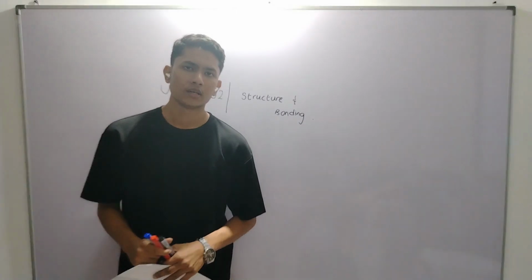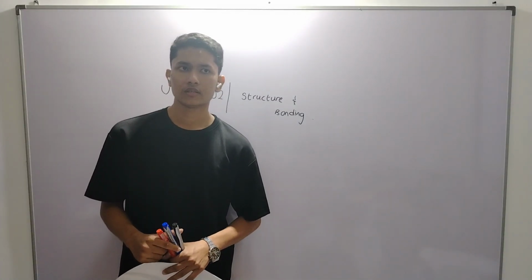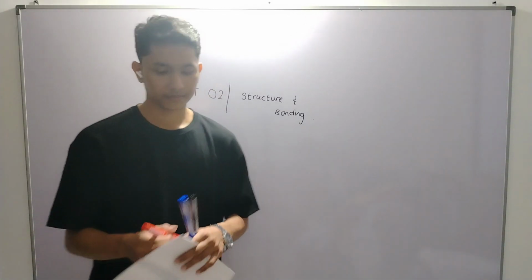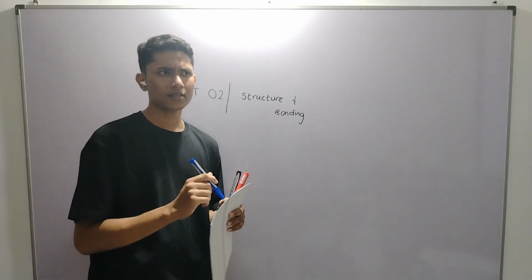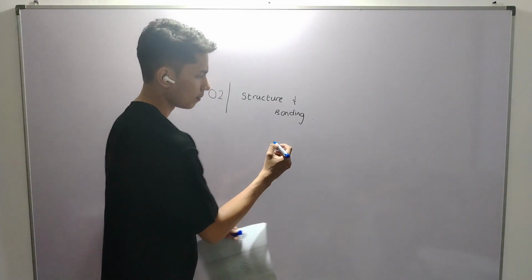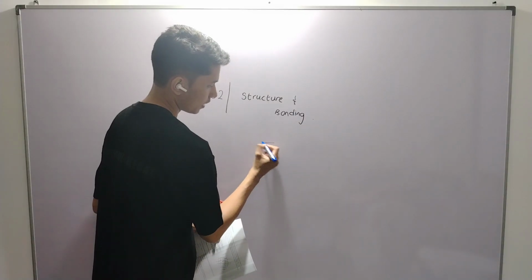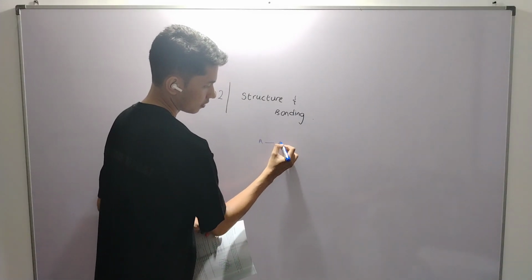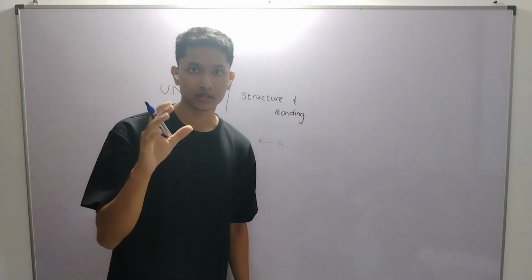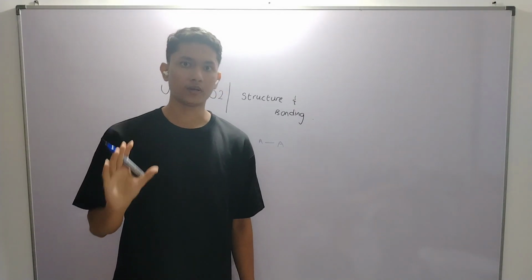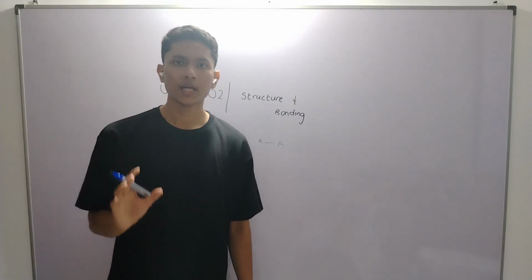So, we should pay a little bit more attention on this unit, okay? Now, basically, in this lesson, what's important is more than bonds between atoms, we pay attention to the structure of the compound, to the structure of the molecules. Why?